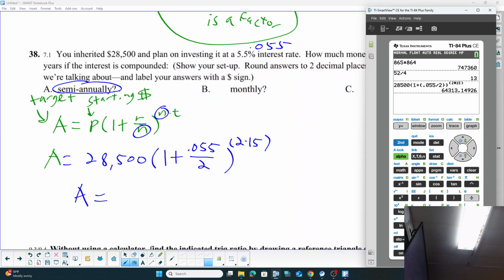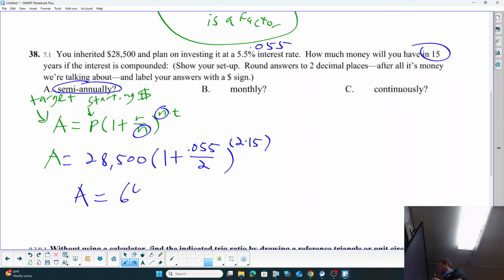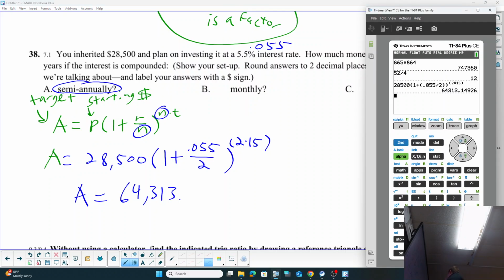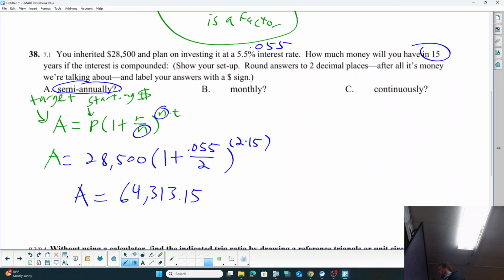And we get 64,313.15, or 0.149 or 0.15 dollars. So after 15 years, compounded twice a year, we jump up our money like crazy in 15 years. That's such a high interest rate.